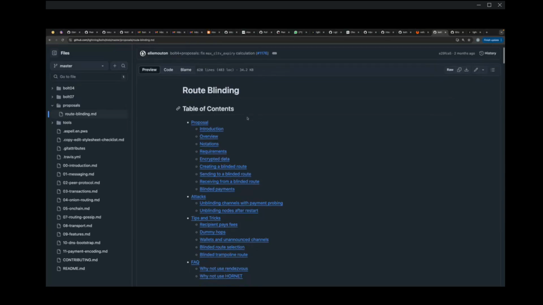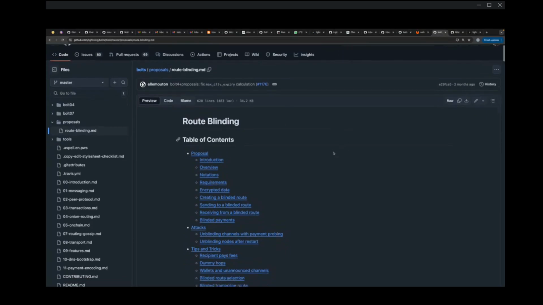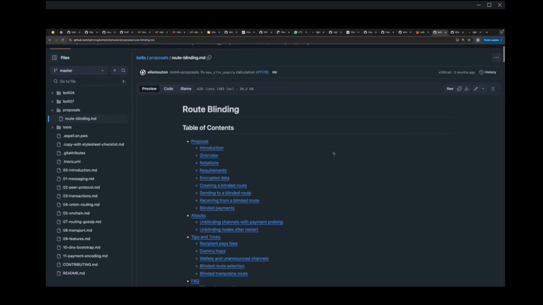So basically, right now to route any message in the Lightning network, we use source-based onion routing, which is called Sphinx. So the message is like an onion. When you route an onion through the network, each node which gets the onion peels a layer and passes it over to the next node.